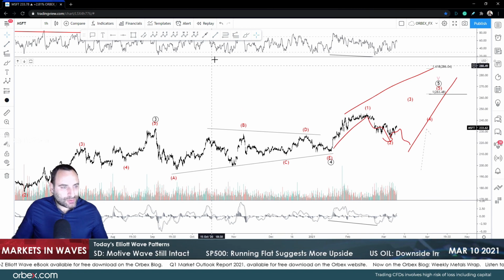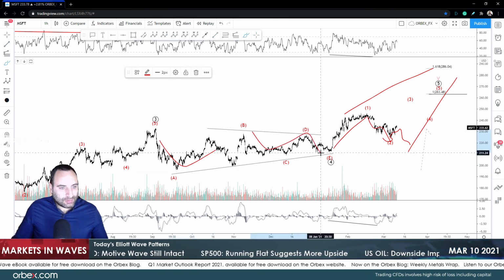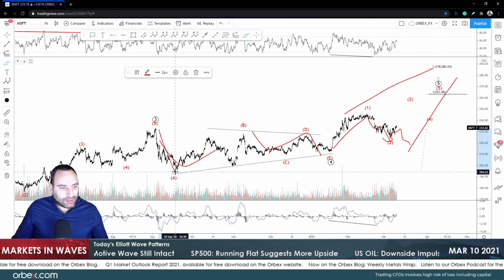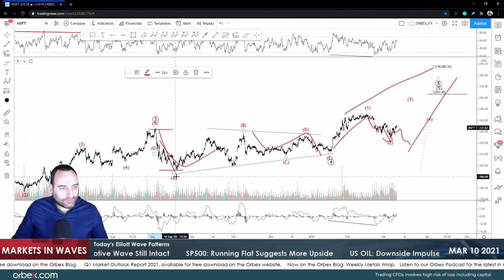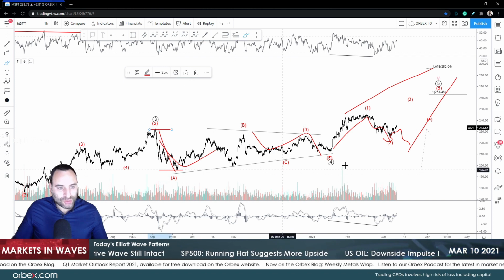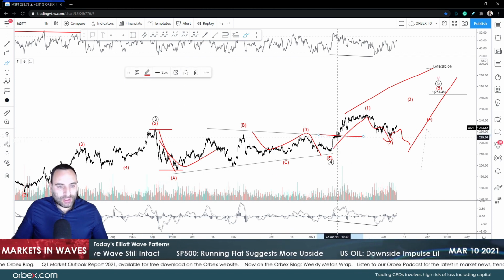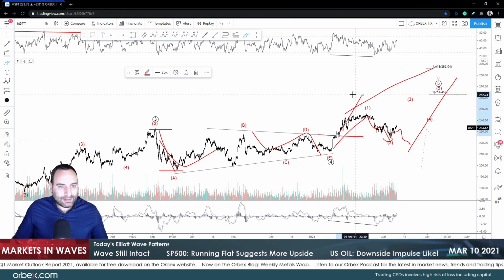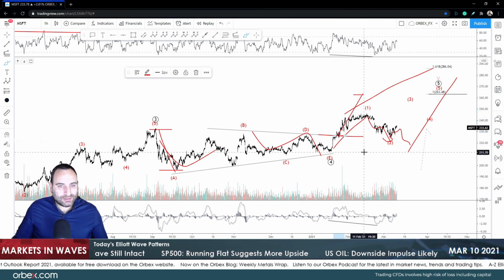This is because when we break triangles, we usually do the distance, the range over here of wave A. So we take the range, we put it on from the breakout level, and that distance actually equates to exactly 263.